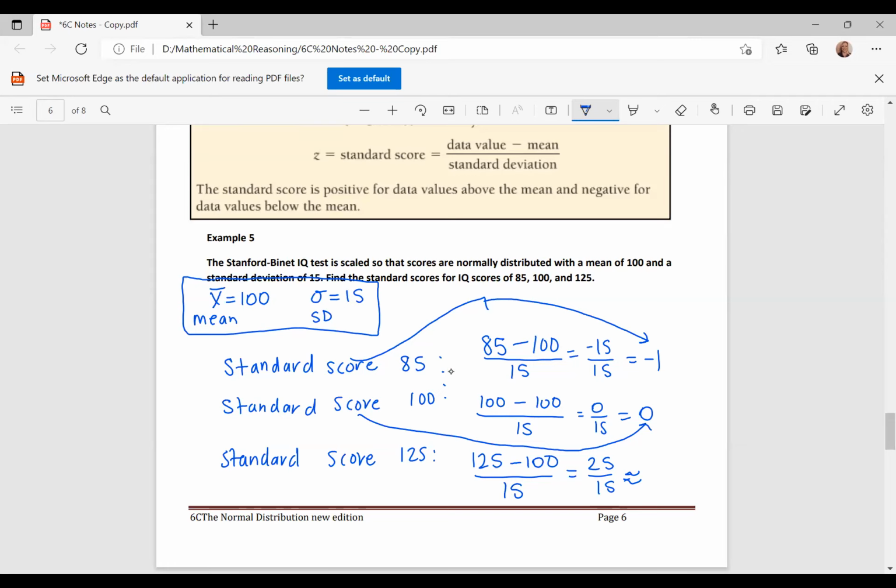We took our IQ score of 125, not our standard score, sorry. We're subtracting the mean of 100 and dividing by the standard deviation of 15. What we get is our standard score. What are we going to get? 25 divided by 15.